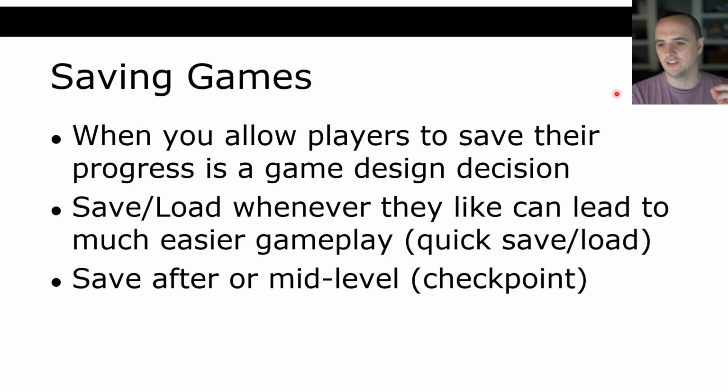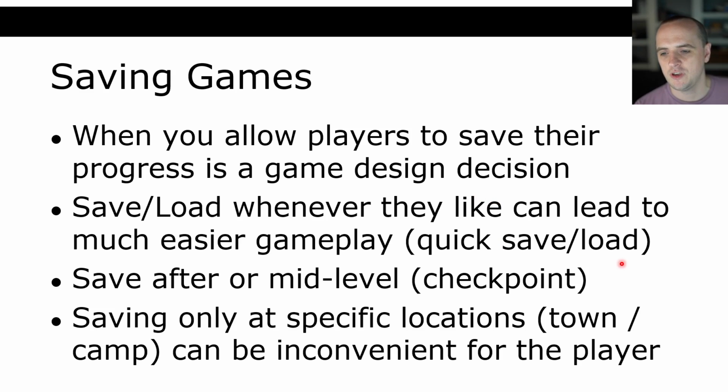Another way is to save after some sort of checkpoint. So save after a level, meaning, okay, I'm going to record that the player has beaten levels 1, 2, and 3, and then when they beat level 4, I'm going to save to the file that they beat level 4. Or maybe there are mid-level checkpoints, like in Super Mario World for the SNES, where you can save your progress midway through the level.